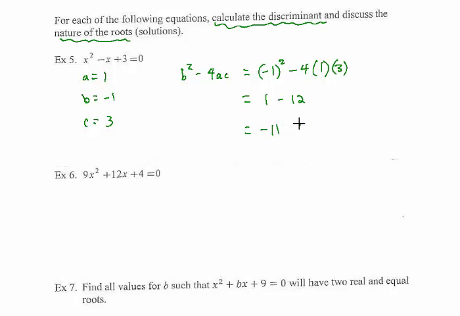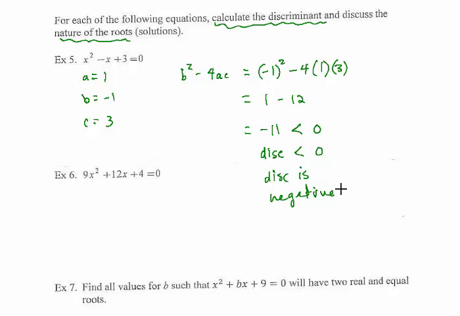And so this means that the discriminant is negative 11, and it is less than 0. The discriminant is negative.